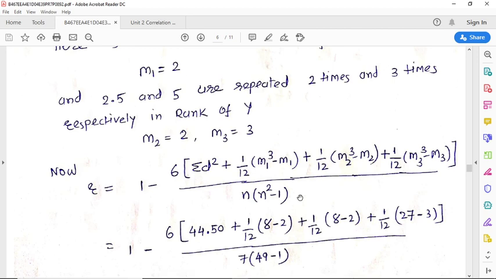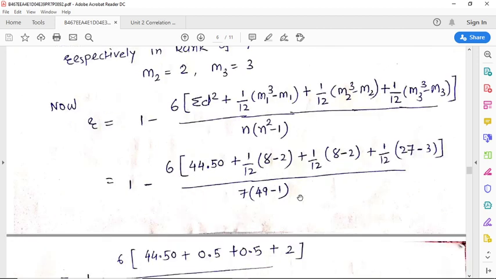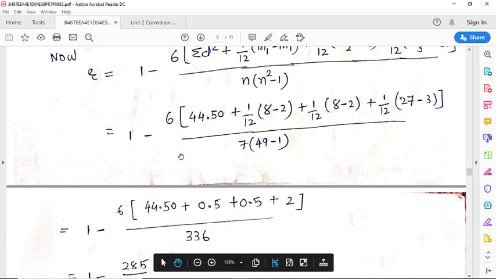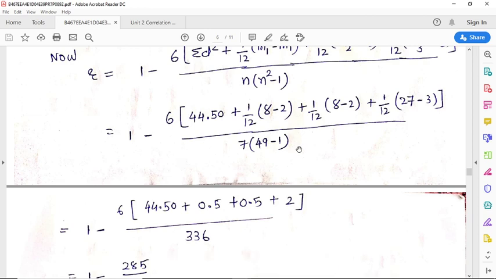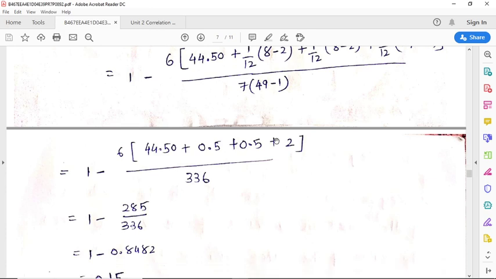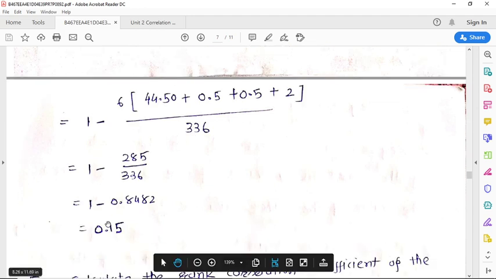Solve that example. Take the additions, 44.5 multiplied by 6, divided by 336, because it is 7 into 7 square minus 1, that will be 336. So at last we get 0.15, that is the rank correlation between the given data, and it is positive.